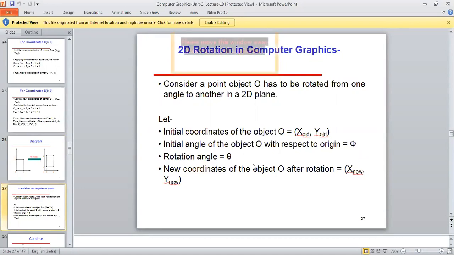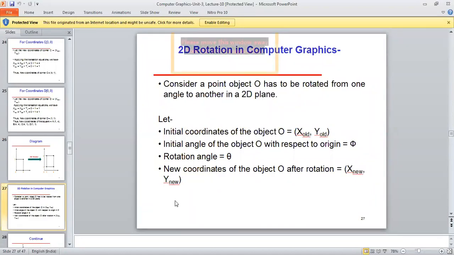Here theta is the rotation angle, and at the initial state this is equal to 0, no angle with respect to the origin. But this is the rotation angle, how much we are going to rotate our object. So here I am indicating by theta the new coordinates of the object O after rotation. Again we will get some new points, x new and y new.